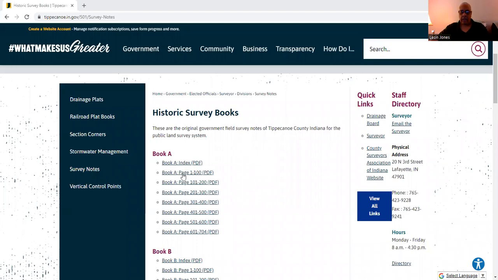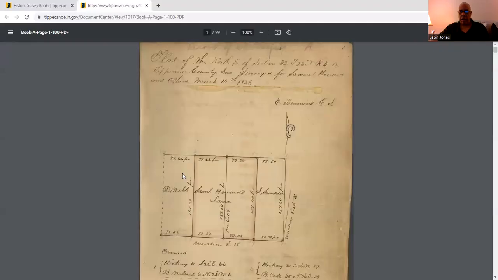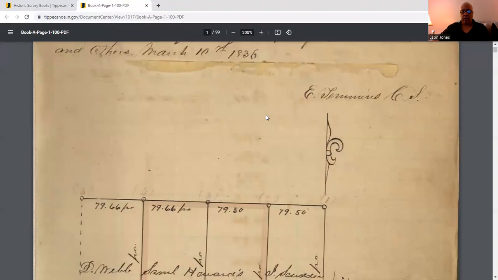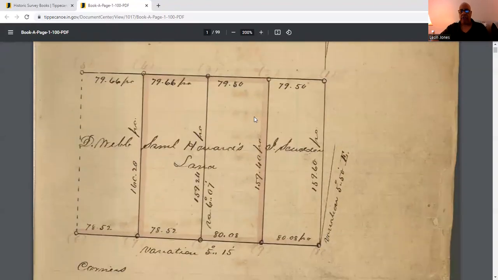Now, you have an index, and then here are some old plats, and these plats date back to around 1836. These are plats of land. This is an original survey.